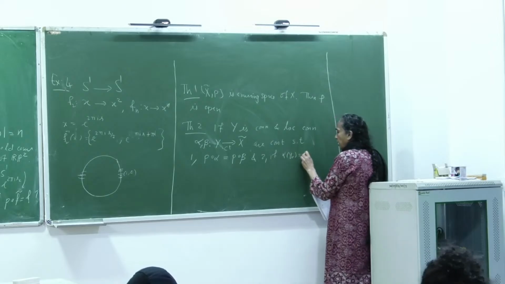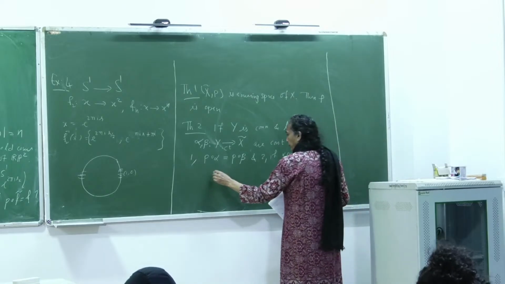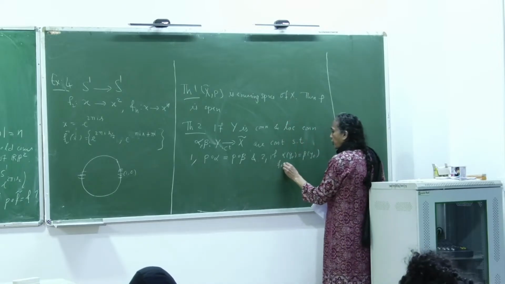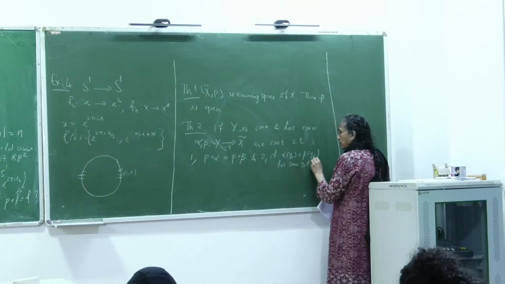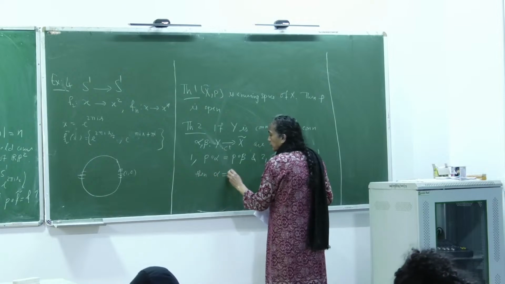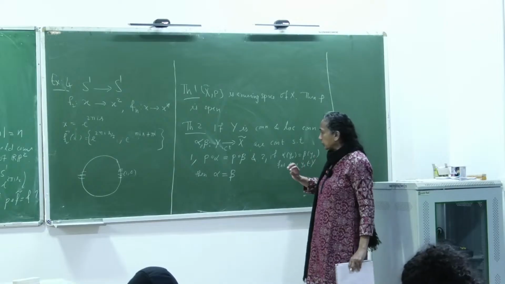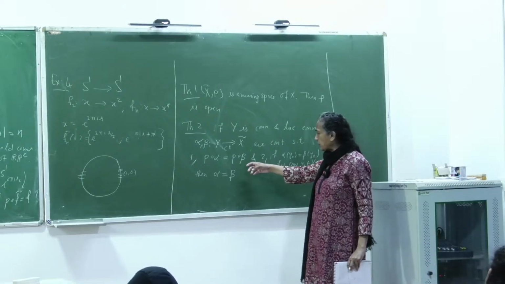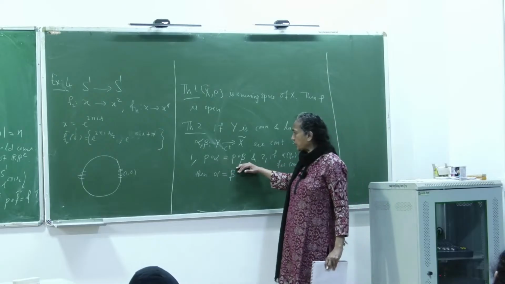and 2 is alpha y0 is beta y0 for at least one point y0, let us say, then this will tell you that suppose I could lift a map. So what are alpha and beta lifts of?